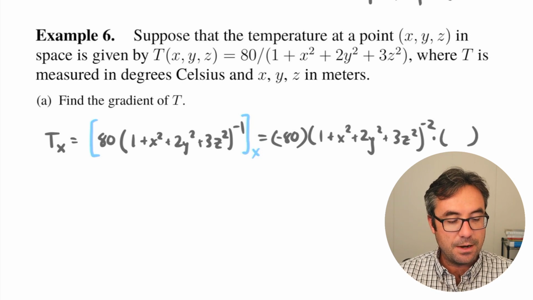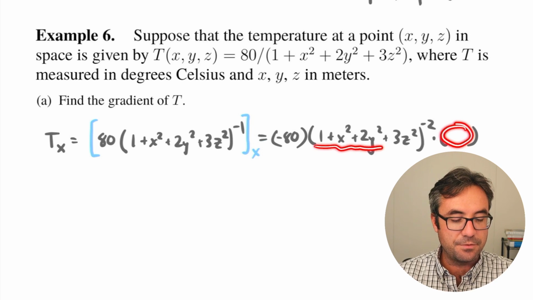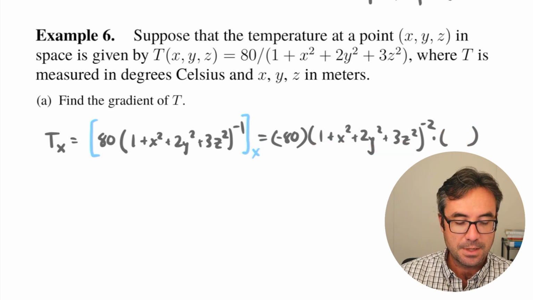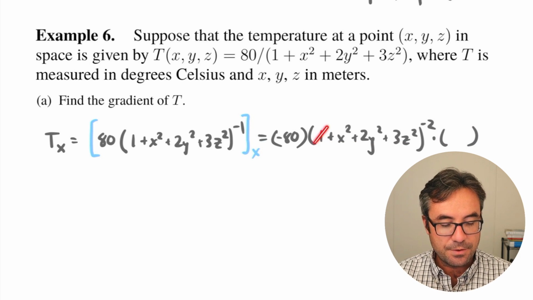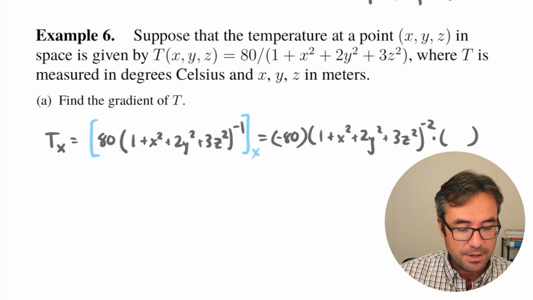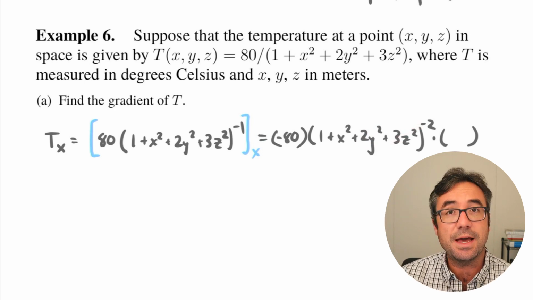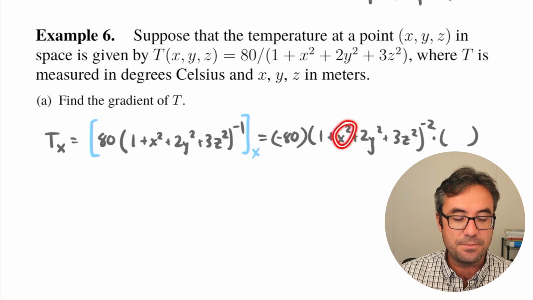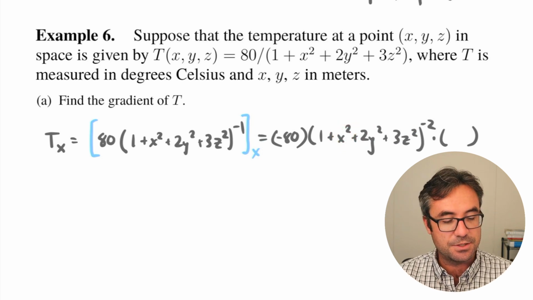So we want to figure out what is the partial derivative with respect to x of everything that was inside the parentheses. And if we do this, the derivative of 1 is 0. The derivative of the y term here is 0. And same thing for the z term, the derivative of that is going to be 0. The only contribution we're going to get is from this x squared, which gives us 2x.